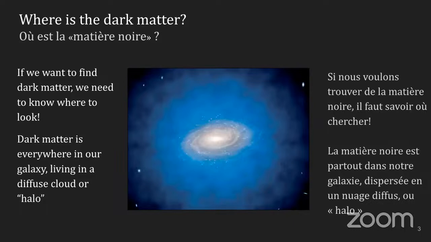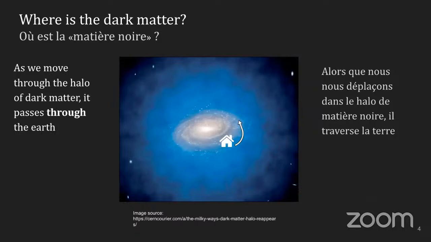Fortunately, dark matter is everywhere. As Katelin mentioned, we live in a galaxy, and the galaxy is surrounded by this cloud or halo of dark matter. As we move through this halo, orbiting the center of the galaxy, with the sun itself orbiting the galactic plane, we're actually experiencing the dark matter as you would a wind when you're driving your car or riding your bicycle down the road.